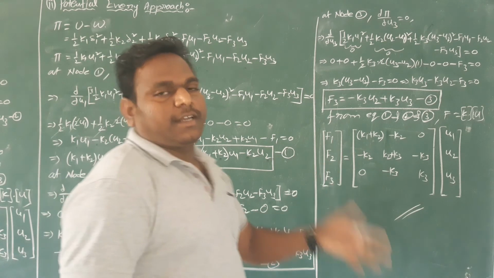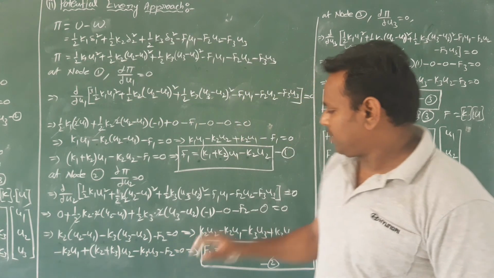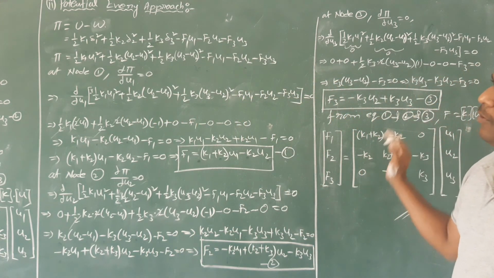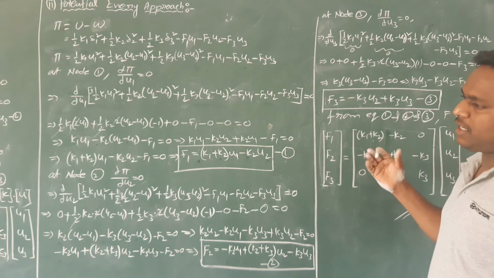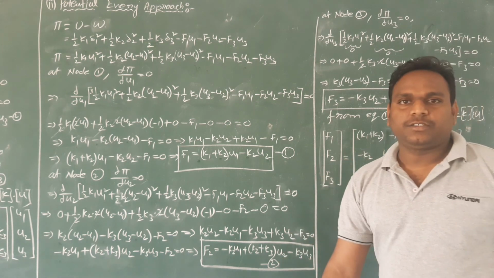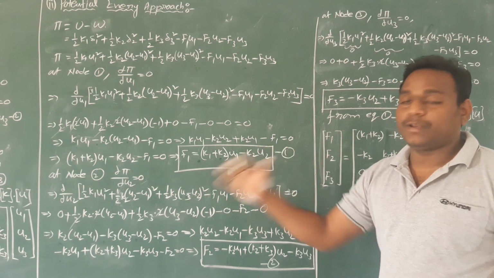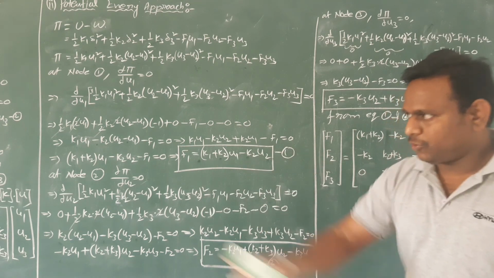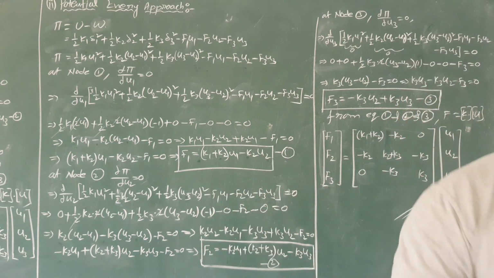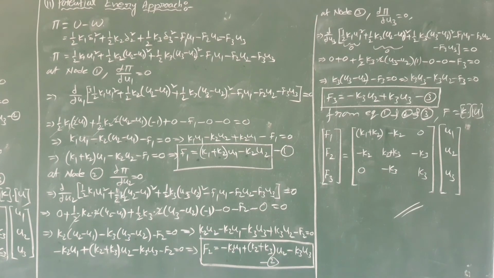In the direct approach method we got the same equation, and in the potential energy method we also got the same equations, so similar equations. Okay, I will show you both equations in one frame.